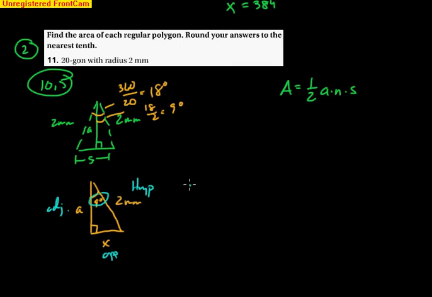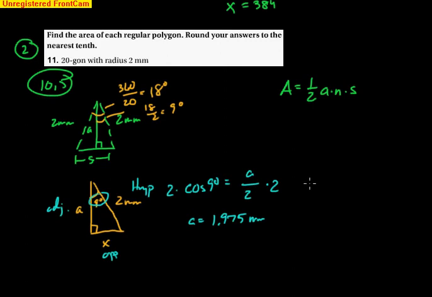Adjacent over hypotenuse is cosine. Cosine of 9 degrees equals the adjacent A over the hypotenuse 2. I will multiply both sides by 2, so A comes out to be 2 cosine of 9, and that is roughly 1.975 millimeters.